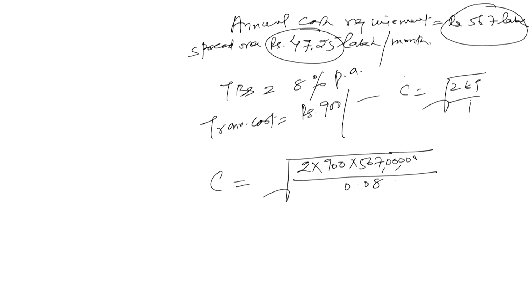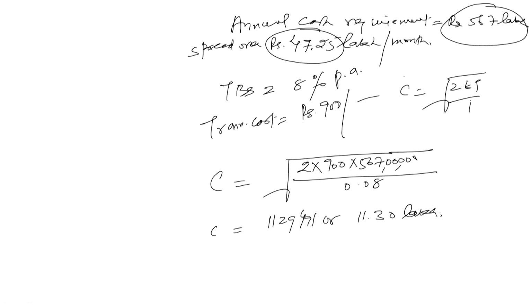If you solve this, you will find C is 11,29,491, or for simplicity, 11.30 lakh. That is the value of the cash.